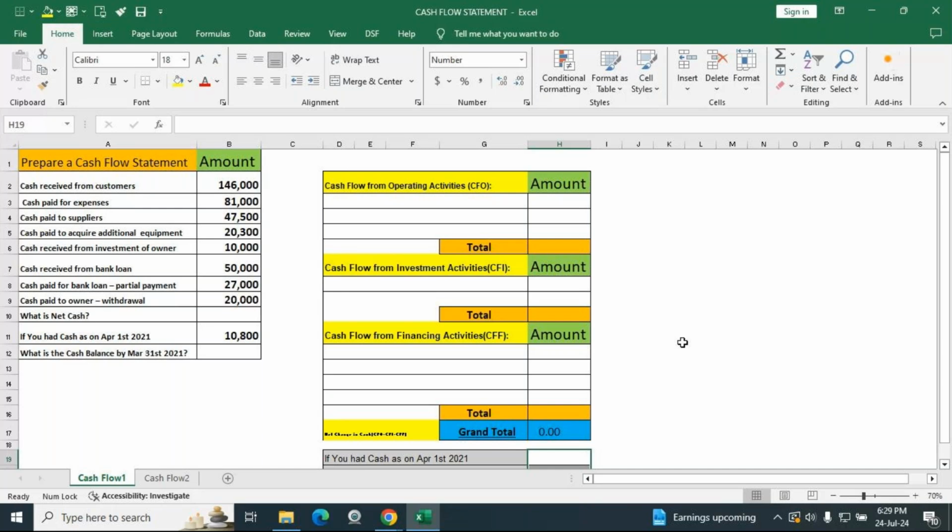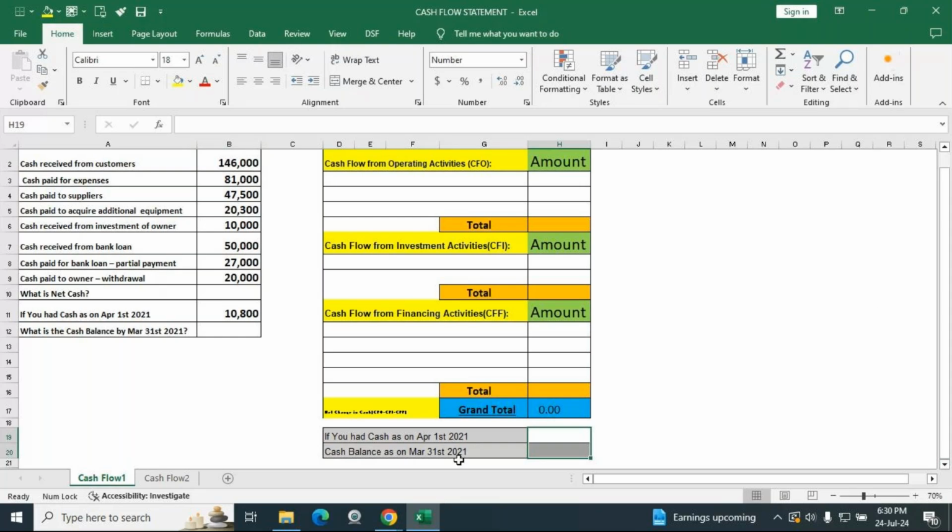Excuse me, ma'am. In the last we have given that if you have cash on April 1st, 2021, rupees 10,800, do we have to put it in the cash flow from operating activities column? Yes. So whatever you are getting as grand total will be subtracted, right?